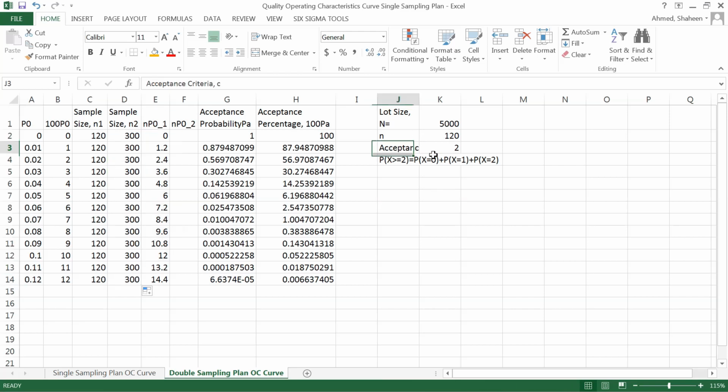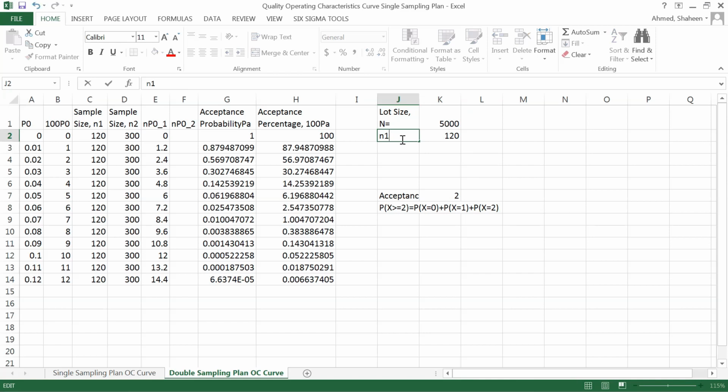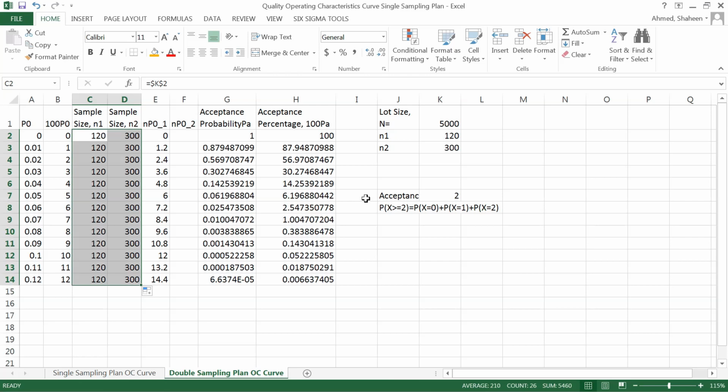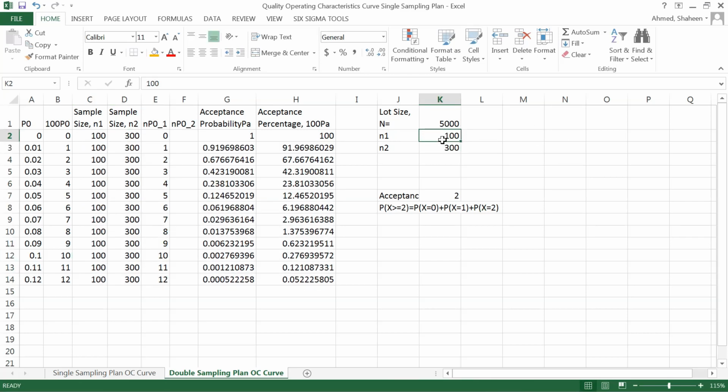Or we could basically write it here. So that would be n1 is 120 and n2 is 300. Then we use this cell and freeze that, and for this one use this cell and freeze that. Now if I change one of these, then they will change. That's kind of cool about this.